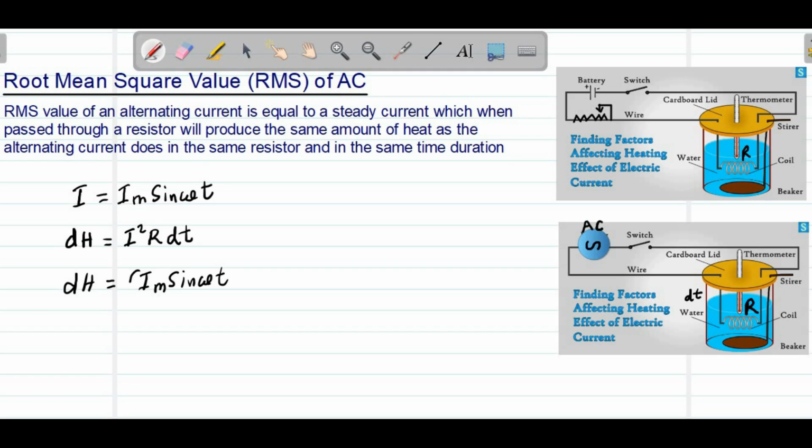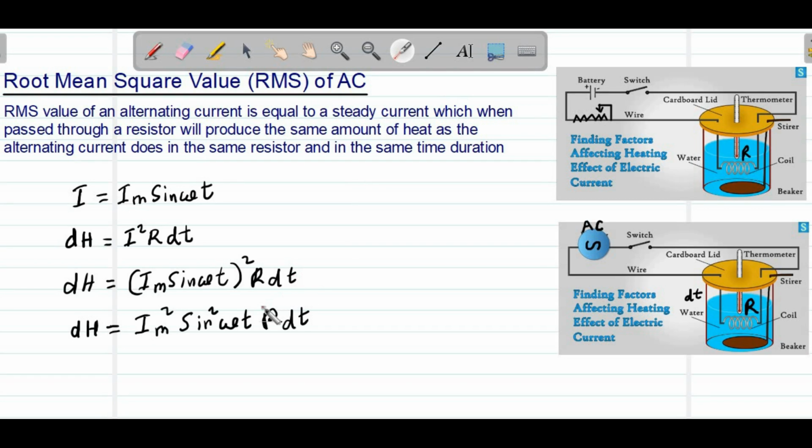And it can be again written as Im square sin square omega t into R into dt. This will give the heat energy produced in a very short time dt.